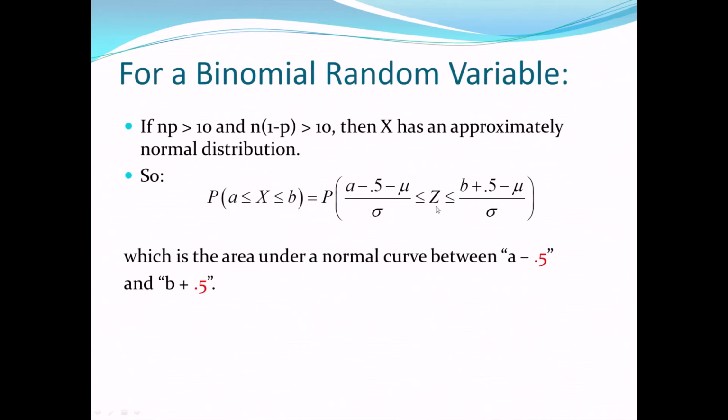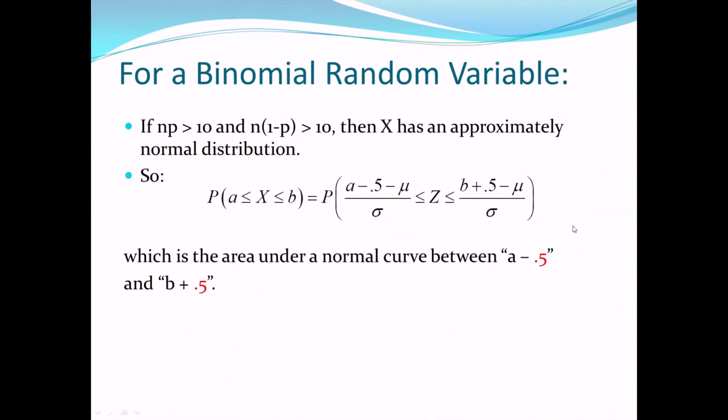That'll be less than or equal to z, which is less than or equal to your upper value in this interval with 0.5 added to it, minus the mean over standard deviation. So you get the area under the normal curve between a minus 0.5 and b plus 0.5.